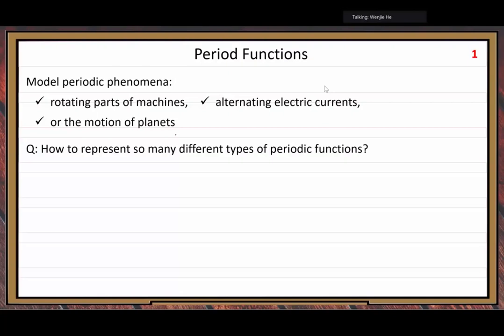Non-periodic functions. People frequently use polynomials, or monomials let's say, to model real-world data.